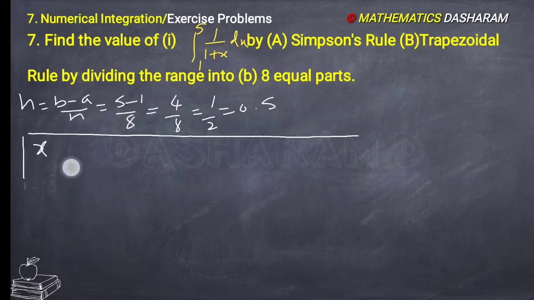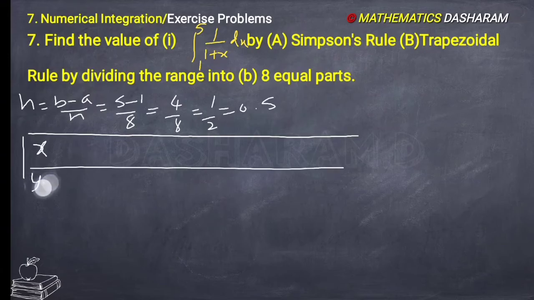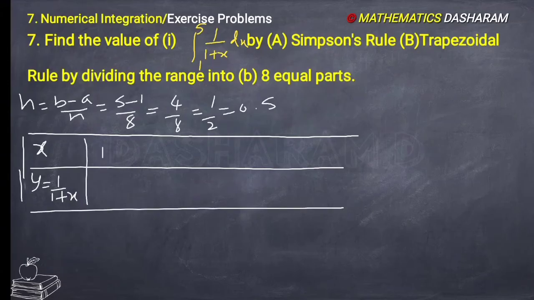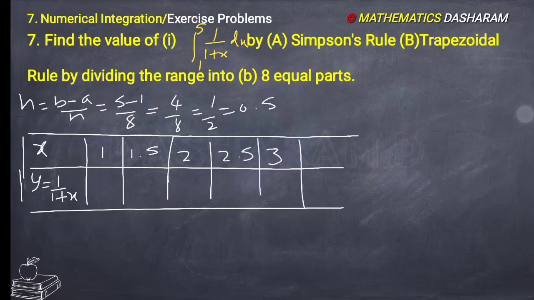Here the x value, next the y value, y equals 1 by 1 plus x. The first x value is the lower limit 1, next increasing with h, that is 0.5. So 1.5, then 2, 2.5, 3.